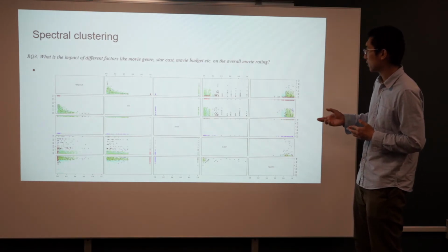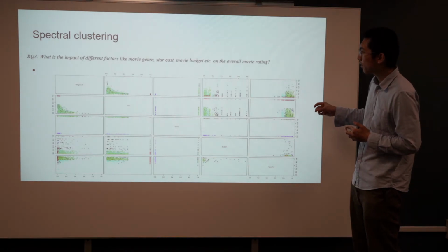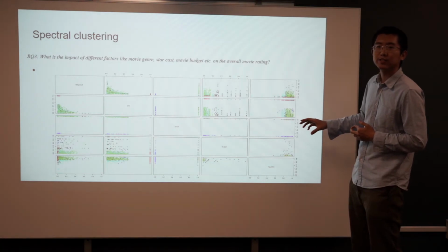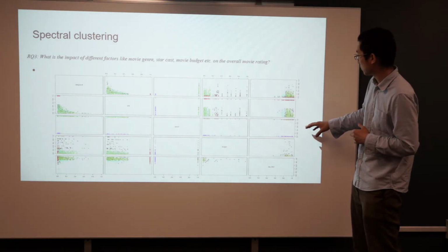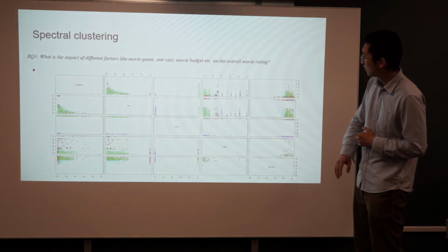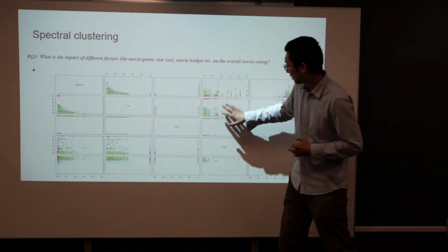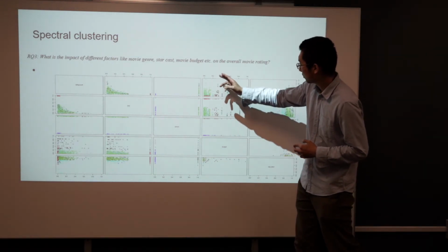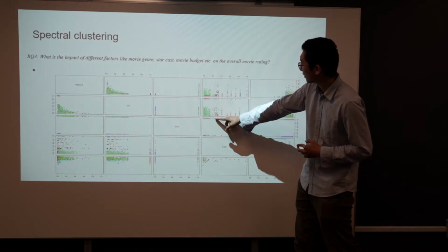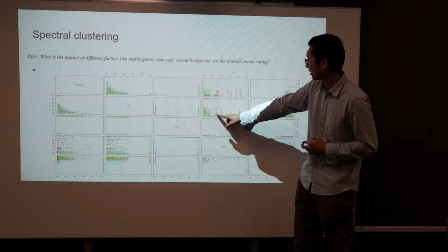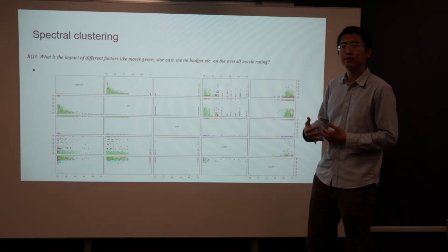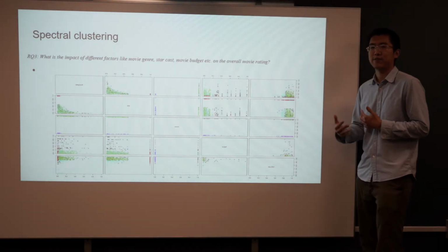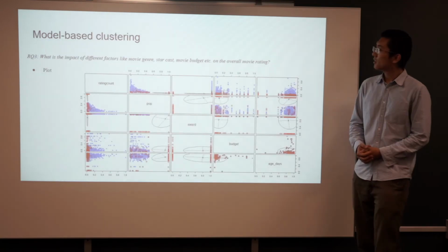So each plot will tell you how the different clusters distribute in terms of the similarity or the distance between these 2 features. So for this one, the green and the black clusters just separate at this line. You can see there's a little line here. So that tells you how the pairwise variables will affect the clustering result.